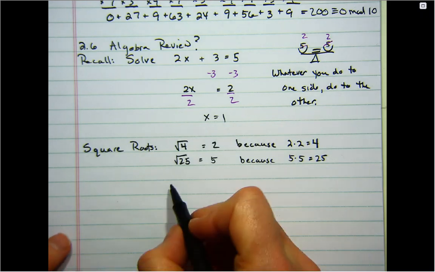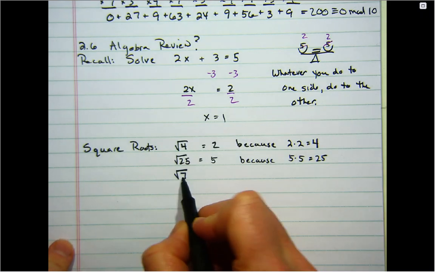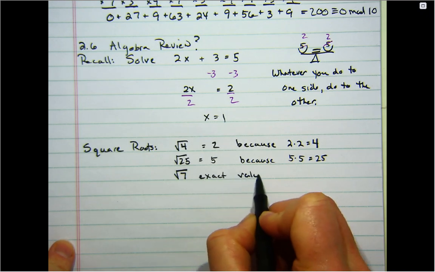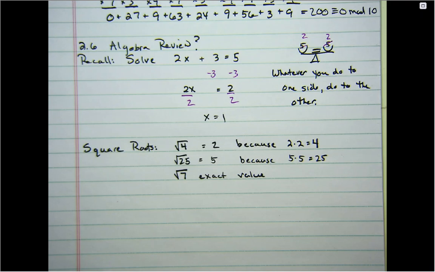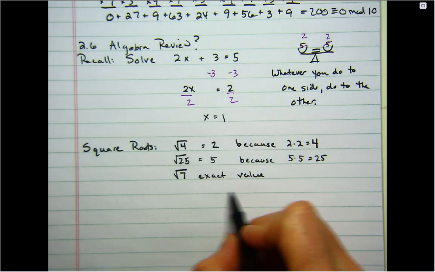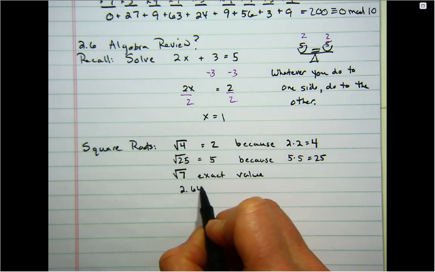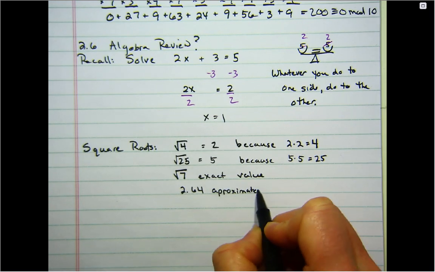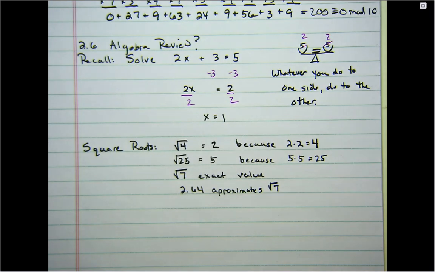Now when we have something that's not a perfect square, like the square root of 7, that would be the exact value. You can put the square root of 7 in your calculator and get an approximate value. The mathematicians don't like approximate values. They want exact values.